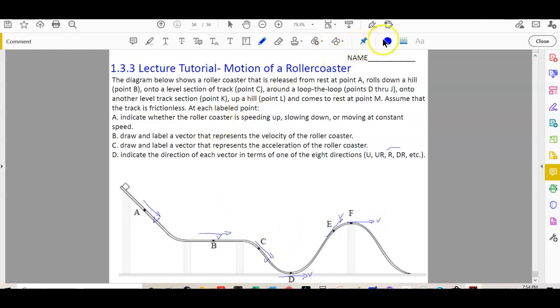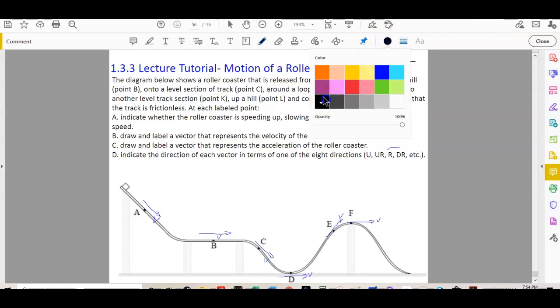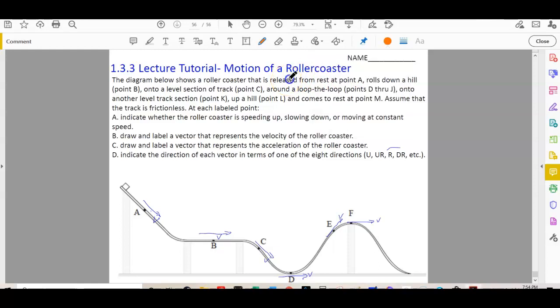Okay. Well, now let's think about the motion that we're doing. Let's think about the motion here. If it's sliding down A, it's going to be speeding up at A. At B, it looks like it's going to be a constant velocity because, again, it's on a level plane with nothing driving it nor slowing you down. You'll just slide forever in a straight line. At C, it looks like it's going downhill, so it's going to be speeding up here.